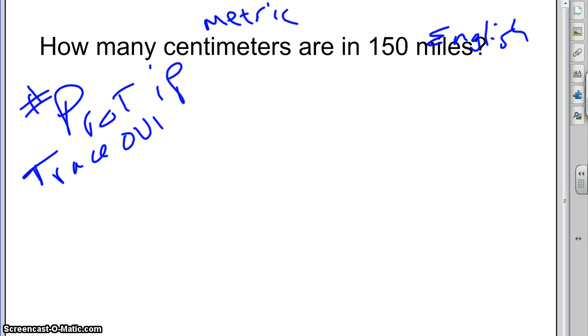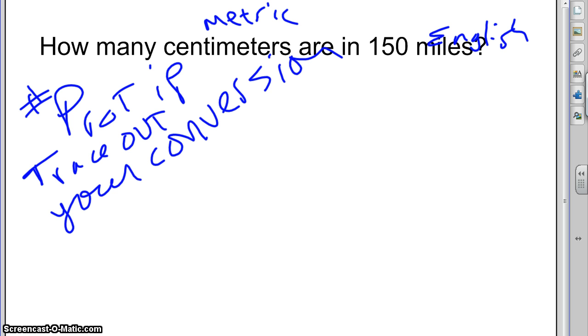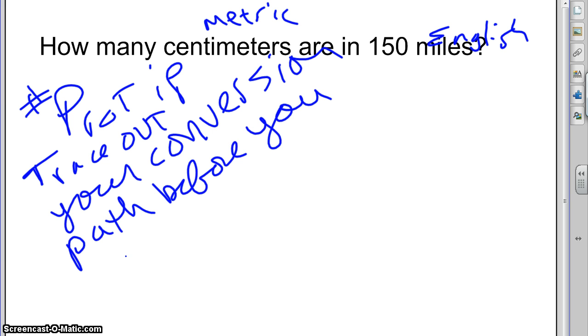Trace out your conversion path before you start. What in the world does that mean? Well, let's figure that out.